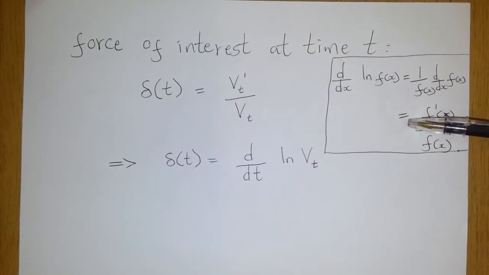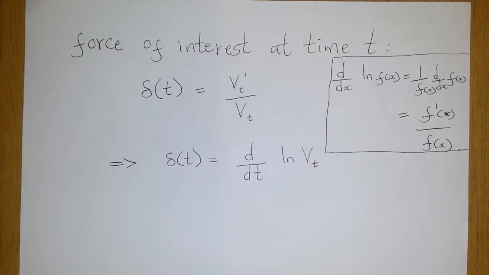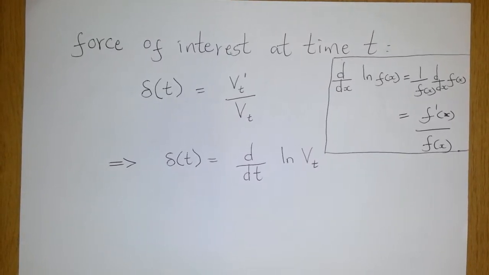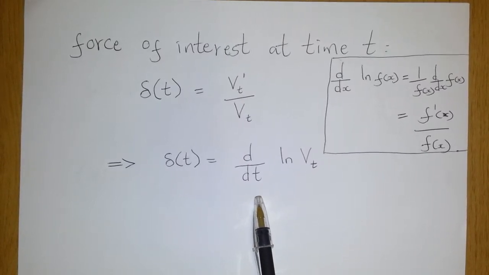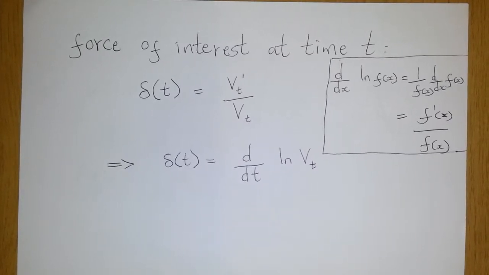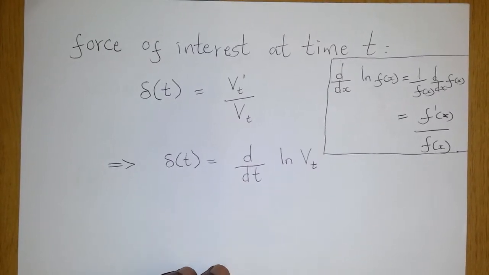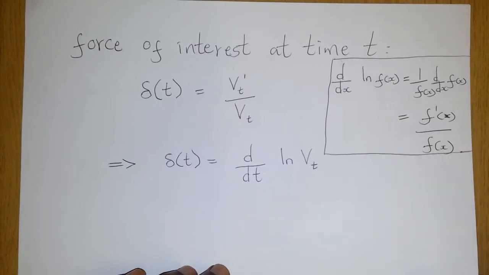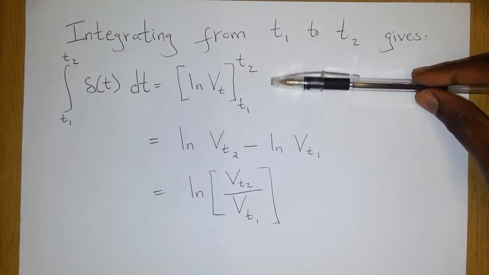By using this relation, we have that V'(t) divided by V(t) is equal to the derivative of ln V(t) with respect to t. Now, if we introduce an integral on both sides, integrating from time t1 to time t2, we would end up with this relation here.